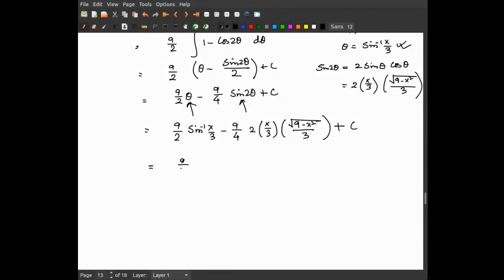So let's make it simpler. That is 9 over 2 sine inverse x over 3, minus 2 and 4 is getting cancelled. This 3 and 9 is getting cancelled. So basically it's just half x square root of 9 minus x square plus c.